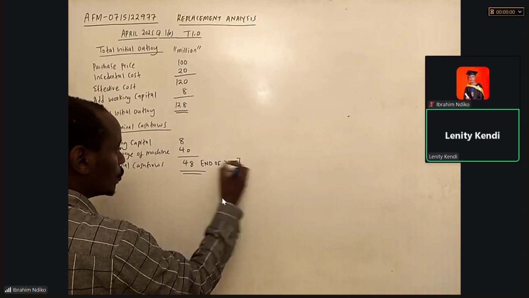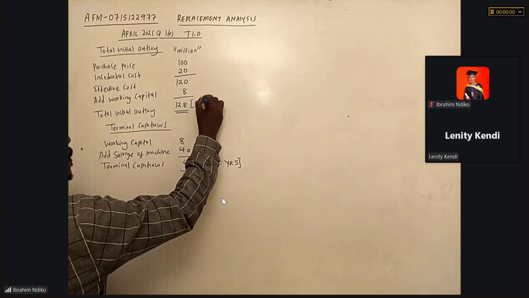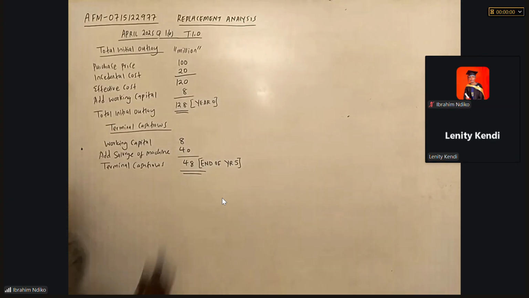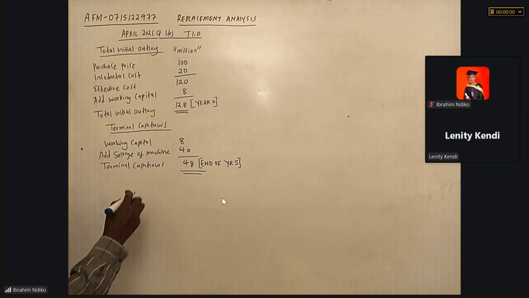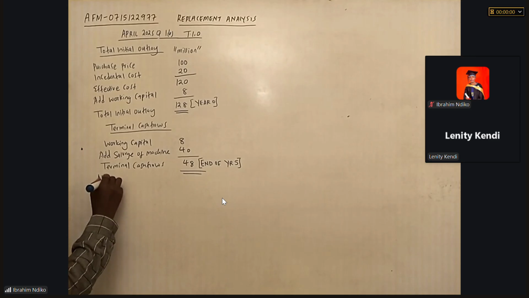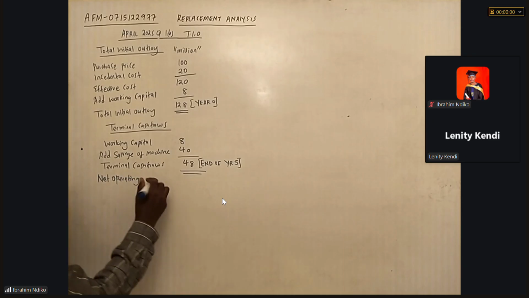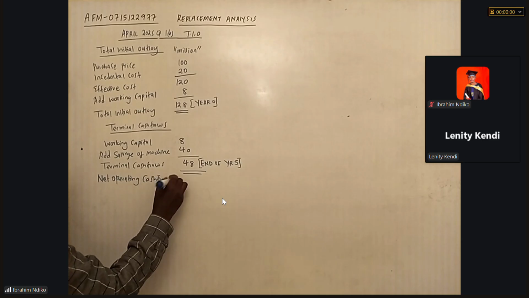So you underline that one, and the outlay is at year 0 today. Then you also need net operating cash flow. We are starting with the savings.